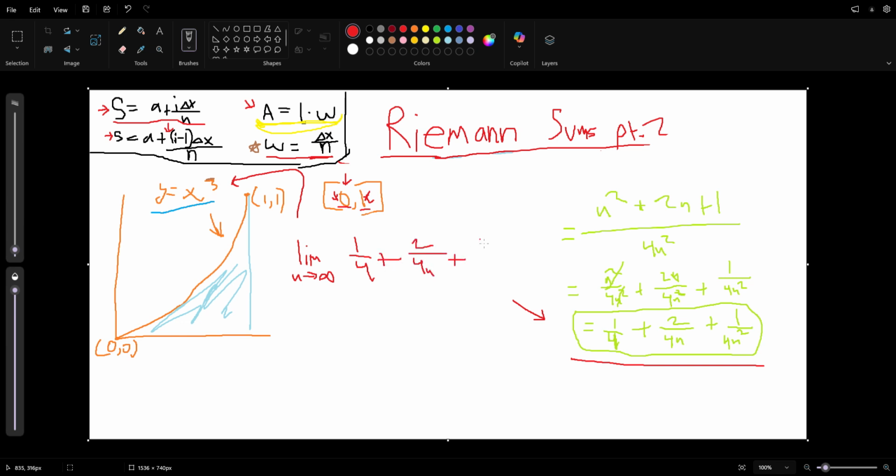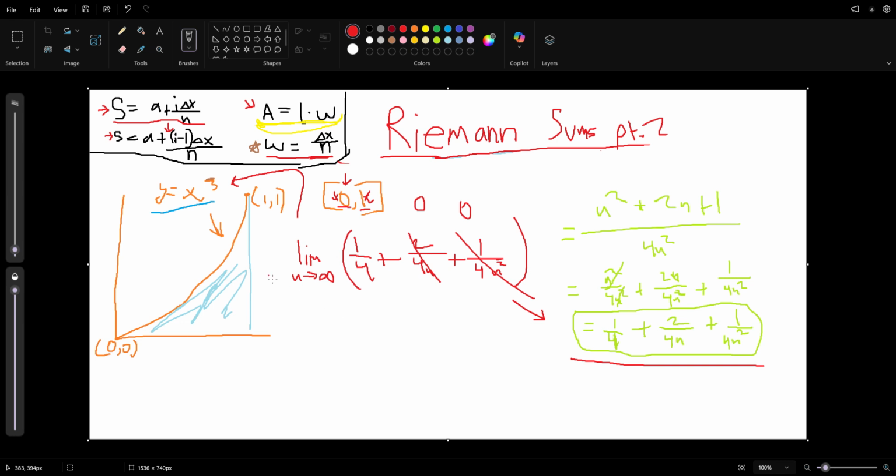So 1/4 plus 2 over 4n plus 1 over 4n squared. Plug in infinity for n in all of these. This cancels out to 0, because anything with infinity in the denominator will just go to 0 when there's a number on the top.